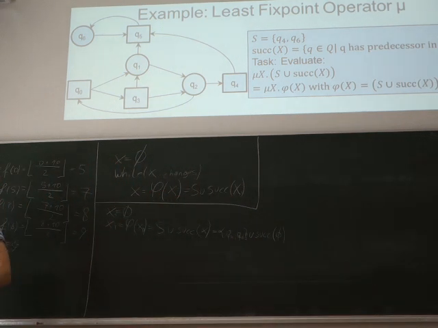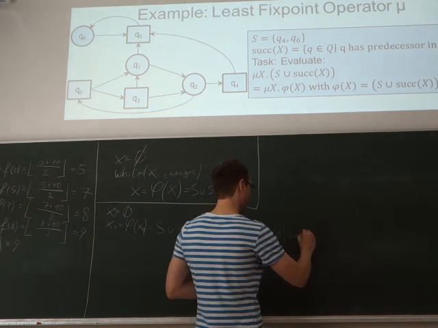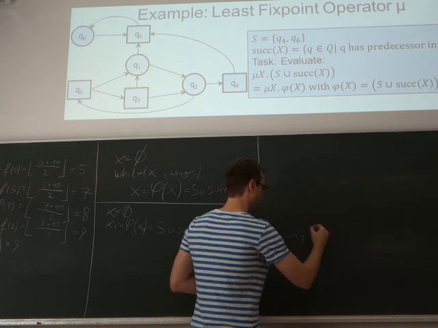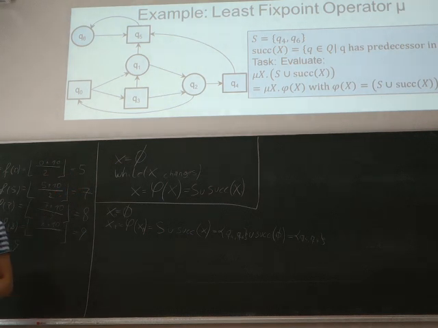And the successors of the empty set of states is basically just the empty set of states, because no state has no successor. So basically this is just Q4 and Q7 as a result of executing the first iteration in this algorithm. So this is now our new value for the variable x1.